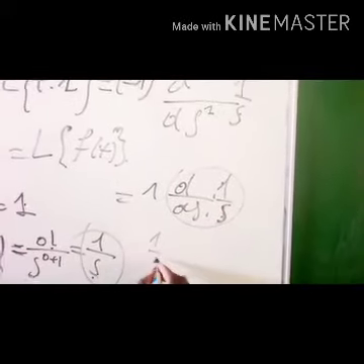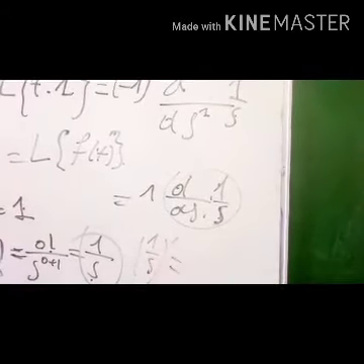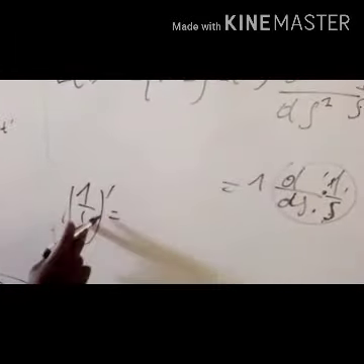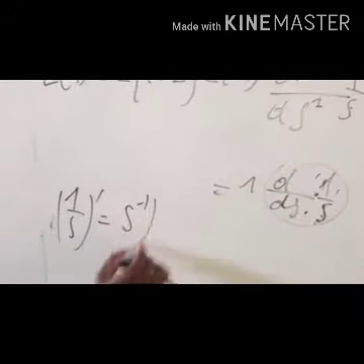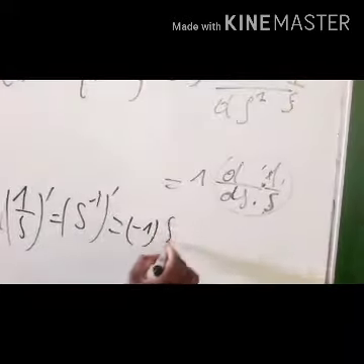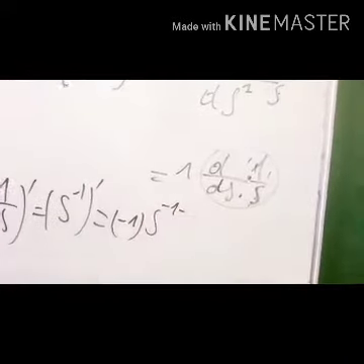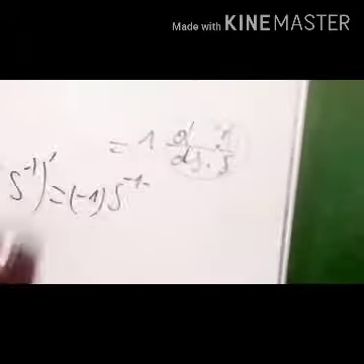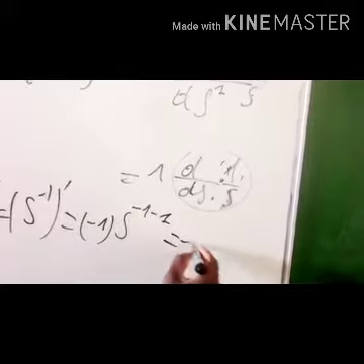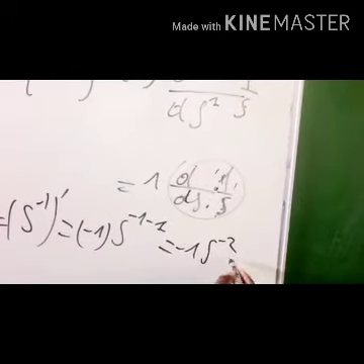We calculate the derivative of 1 over s, which can be written as s^(-1). The derivative is negative 1 times s^(-1-1), which is equal to negative 1 times s^(-2), equal to negative 1 over s^2.